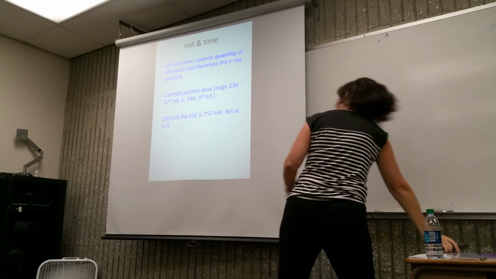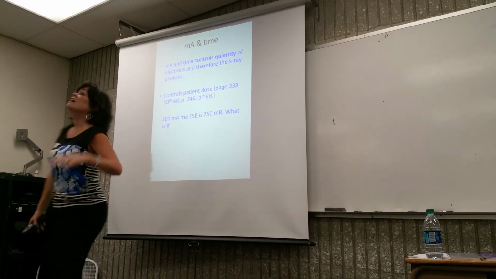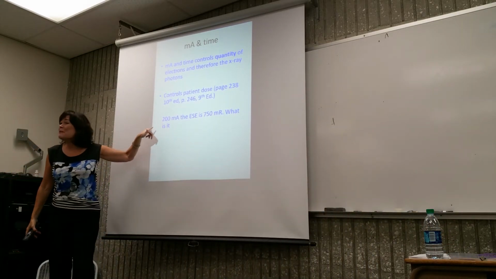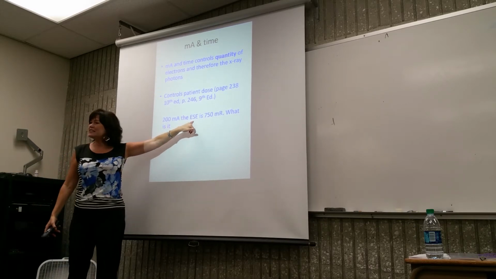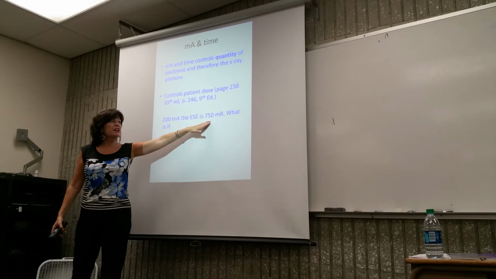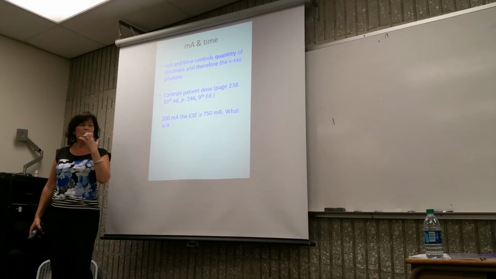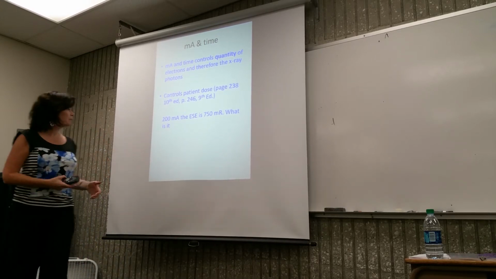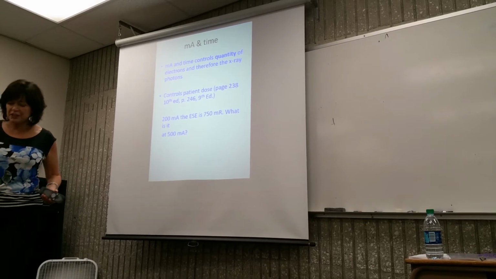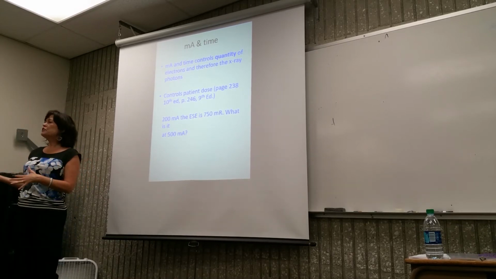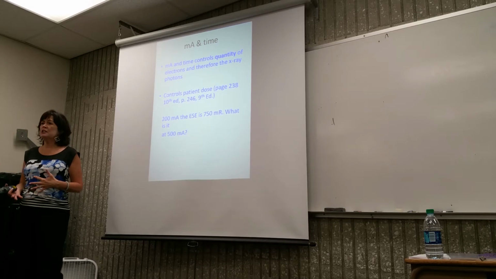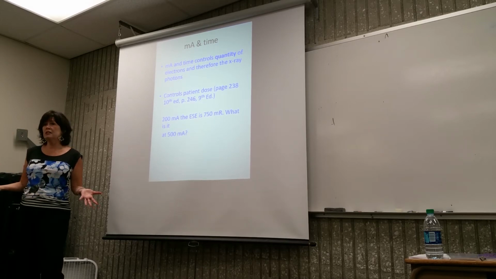Okay, so going back, this is not 200 mass. This is 200 MA, okay? We have the entrance skin exposure is 750 milli-R. What is it at 500 MA? Okay, first of all, what would you expect the exposure to be, more or less? More. Wouldn't it?